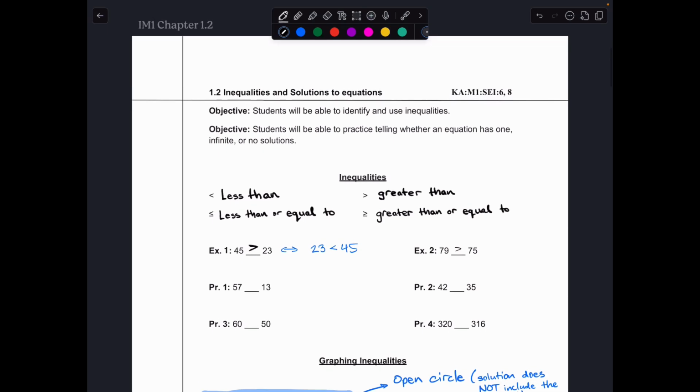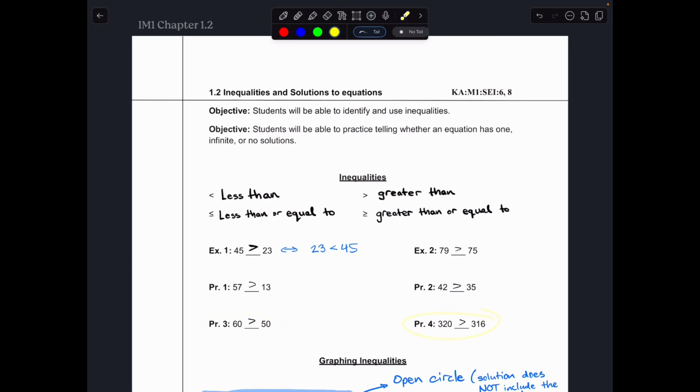Okay. Go ahead and pause the video. I want you to try to fill in problems 1 through 4. All of these end up being greater than. 57 is bigger than or greater than 13. 42 is bigger than 35. 60 is bigger than 50 or greater than 50.